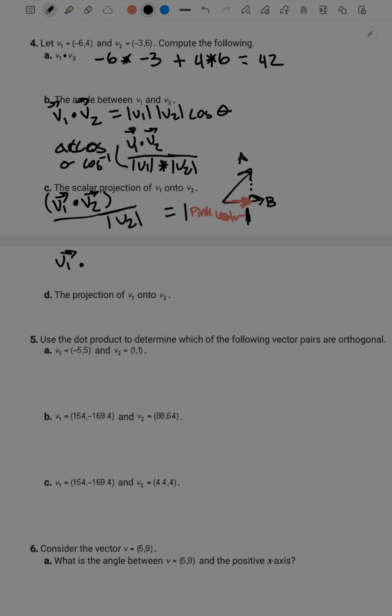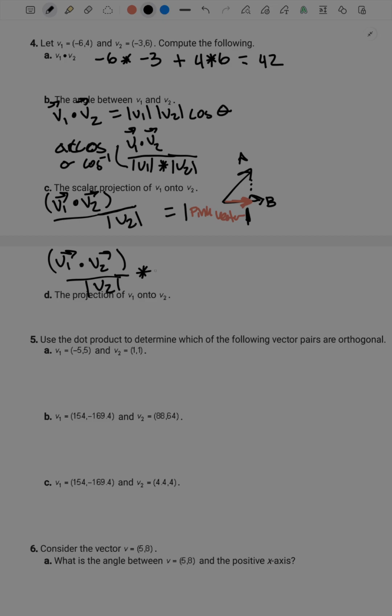Anyway, for the projection of v1 onto v2, we're going to do the same thing we just did, but then we're going to be multiplying it by the unit vector of v2, to ensure that it ends up being parallel to v2.